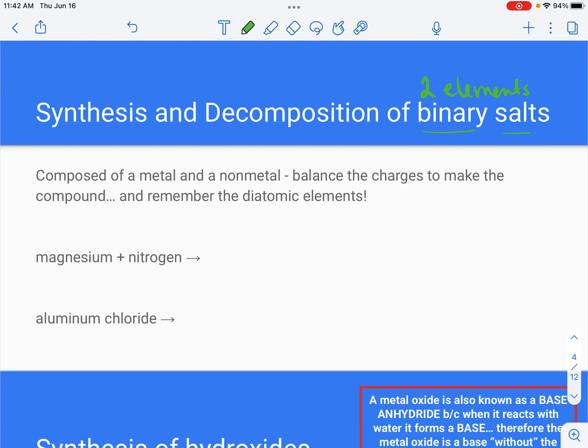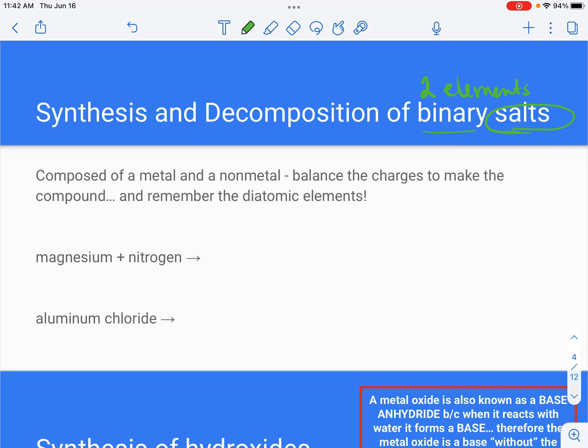A salt would be composed of a metal and a non-metal. So when you're doing this, whether you're putting them together or taking them apart, the charges of the formula for the compound itself will have to be balanced. So don't forget to do that. Also remember that a lot of these non-metals will be halogens or will be diatomics.